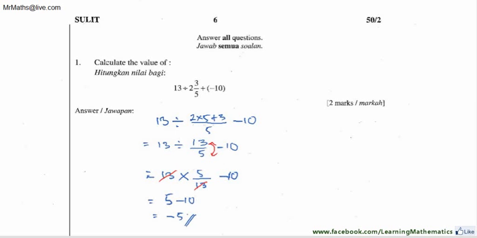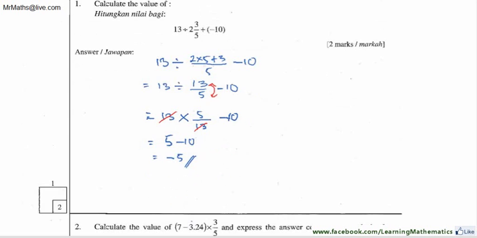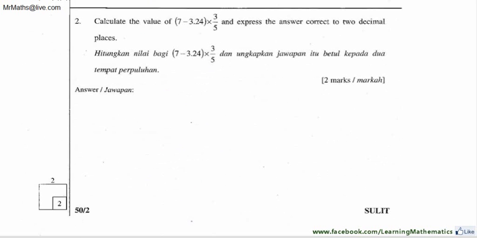Alright, let's move on to number 2. Question number 2: 7 minus 3.24, in brackets, times 3 over 5. We need to calculate that and express the answer correct to 2 decimal places. Previously I said that multiply and divide have to be performed first before plus and minus.